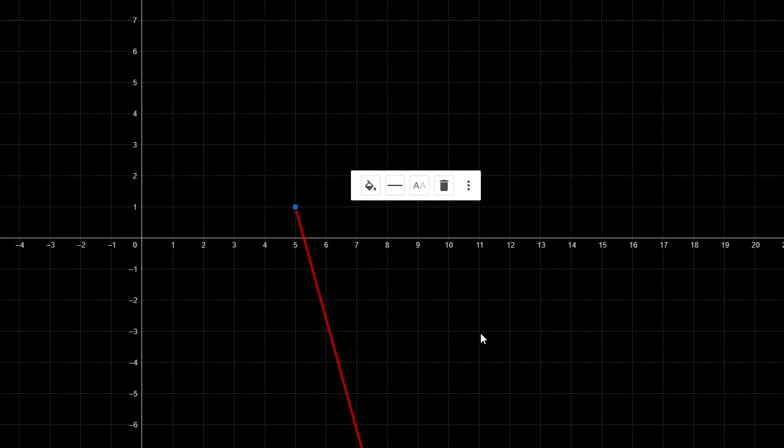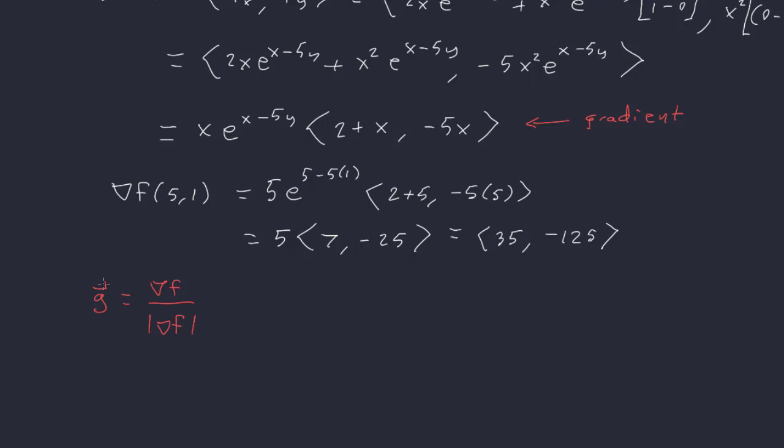So let's get ourselves something a little easier to look at by taking the unit vector of it. I'm going to call the vector g for gradient, the unit vector in the direction of the gradient itself. That's going to be the vector (35, -125) all over the magnitude of the gradient, which will be the square root of 35 squared plus negative 125 squared.